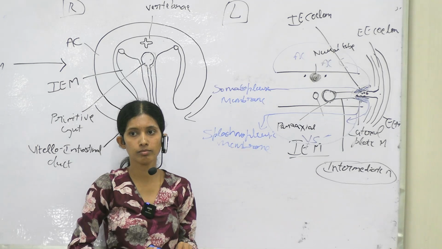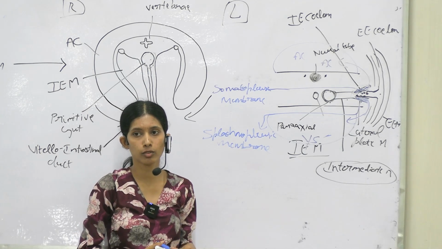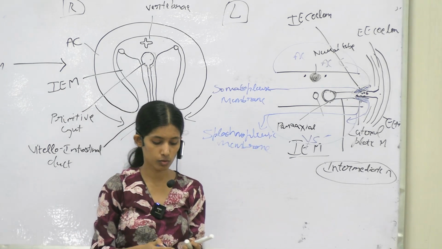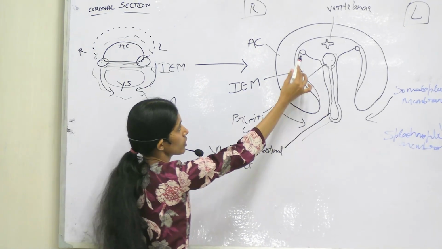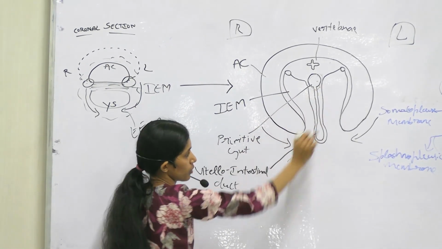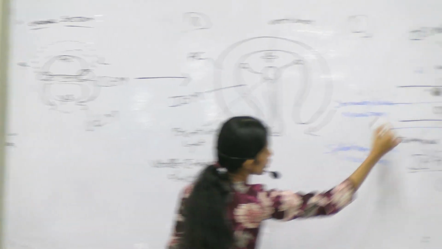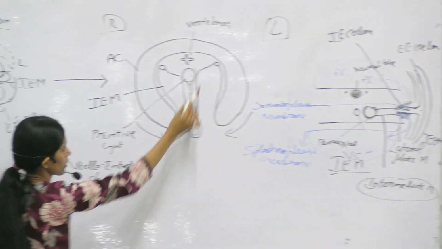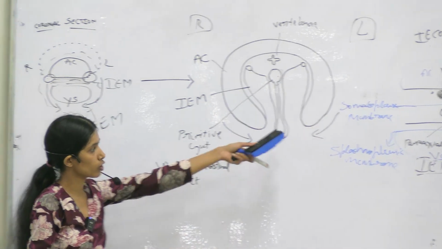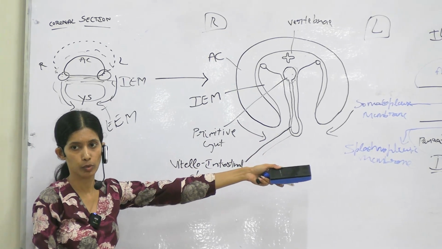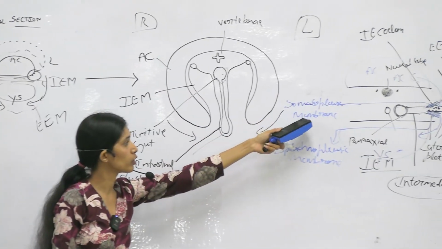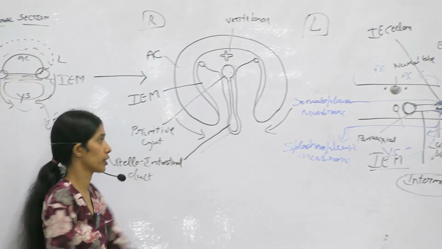Is it clear? Any doubts? So now look at this structure. This is your intraembryonic mesoderm. All these structures I have shown you are present in this region. Now we have somatopleuric and splanchnopleuric membrane. Somatopleuric will be in contact with your amniotic cavity.